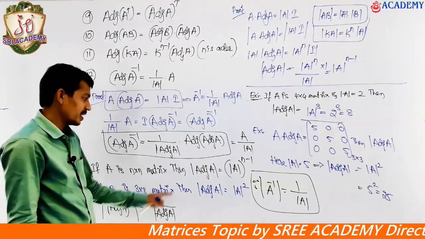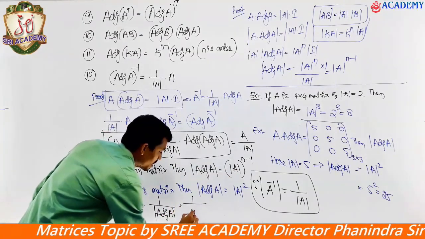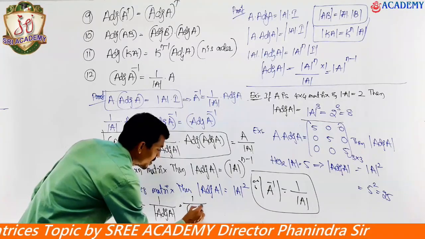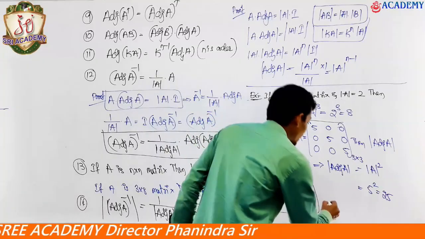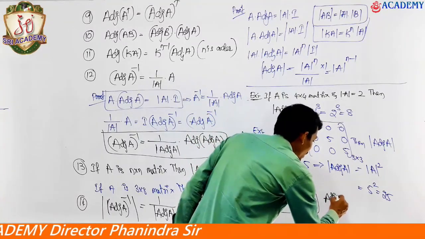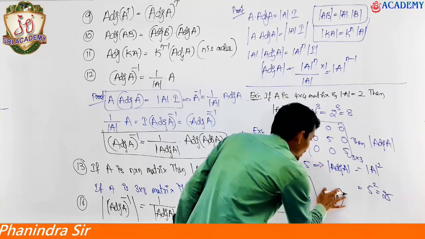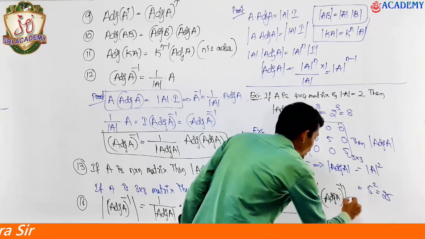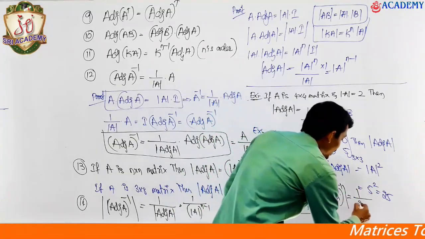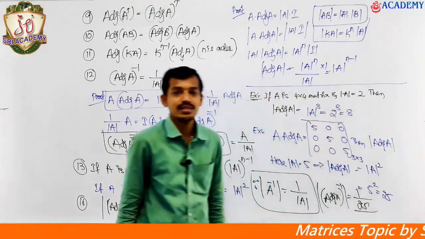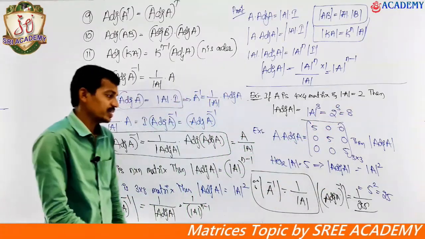Adjoint of A determinant is 1 by determinant of A whole power n minus 1. For suppose if it is 3 by 3, adjoint of A whole inverse determinant becomes 1 by adjoint A determinant, 25, so indirectly 1 by 25 is going to be your answer. Or simply 5 square, since it is a 3 by 3 matrix.